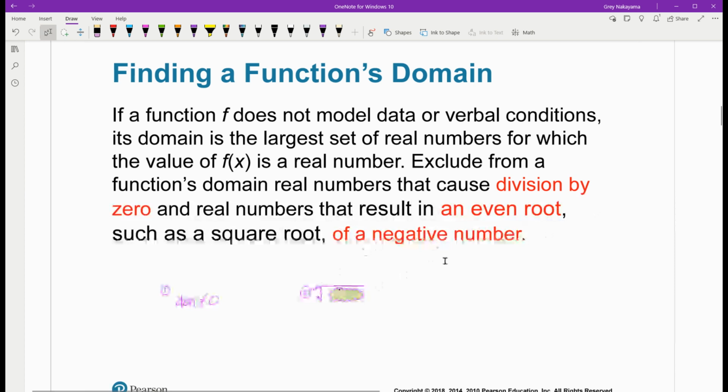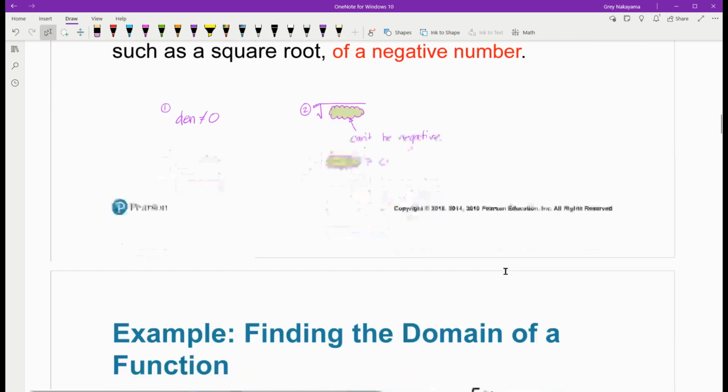And if that's an even root and what's underneath it can't be negative, that's a problem. Okay, that's called our radicand, in case you remember from a previous class, but that radicand always has to be greater than or equal to 0. So if you don't have a fraction or a radical, then your domain is always negative infinity to positive infinity until we get to some special things.